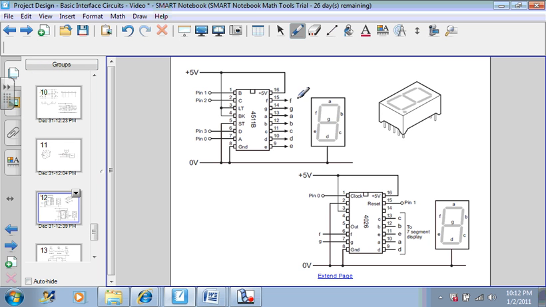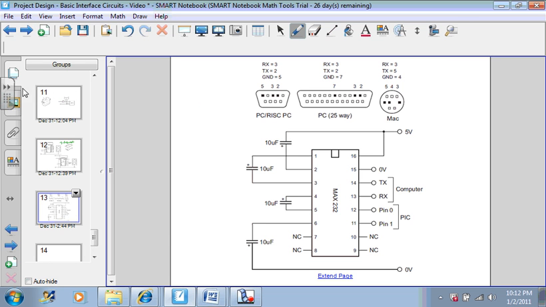Here is an LED 7-segment display driver. Some of you may have to connect your system to the PC, and we have these chips in the college that allow you to connect from your microcontroller directly to the computer.